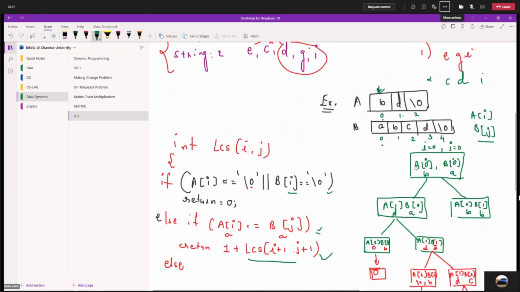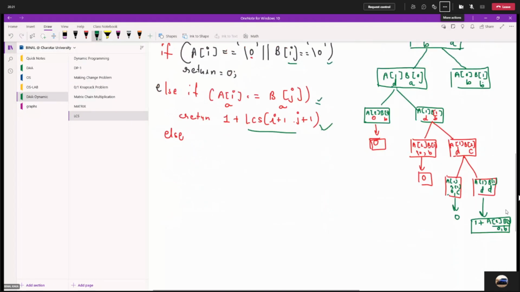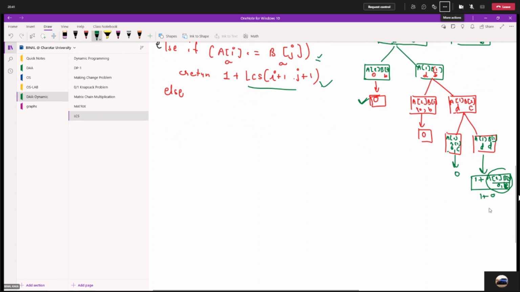If I am talking about this, so then it is 0 and 0 and C, okay, 0 and C, right? So ये दोनों में से कोई भी एक 0 होगा, see here the already A of 2 B of 2 is answer is 0, so you know that answer is 0, right, according to our condition. So 1 plus 0, what is the answer? What is the answer? 1. Understand or not? समझ में आया सबको?